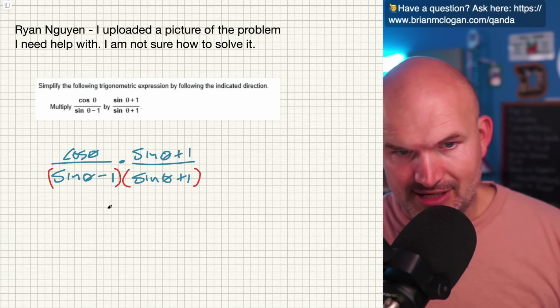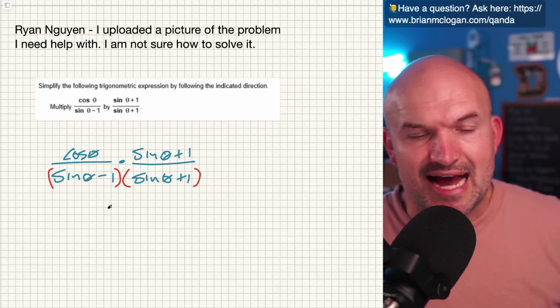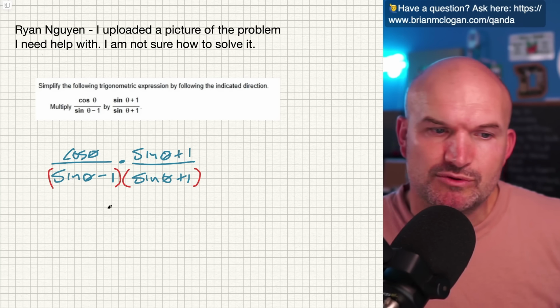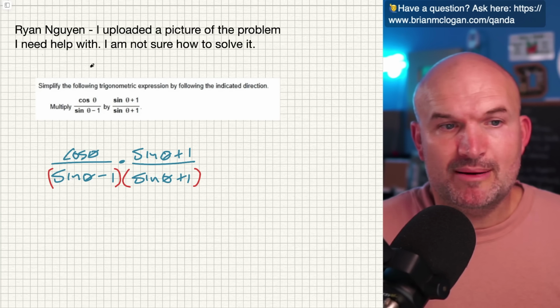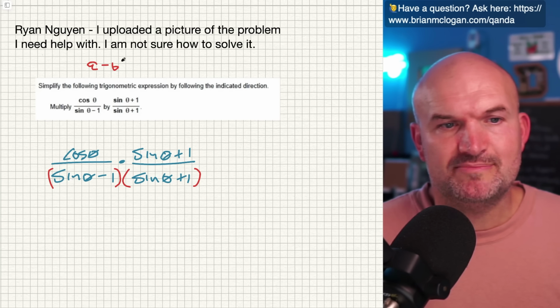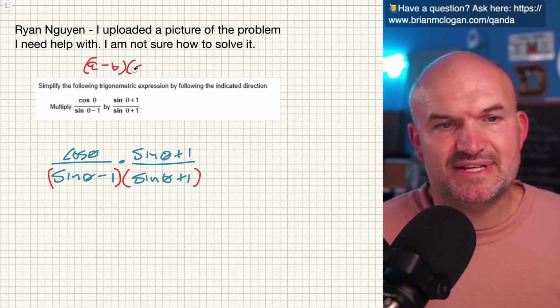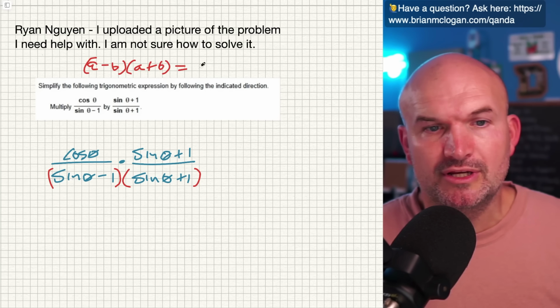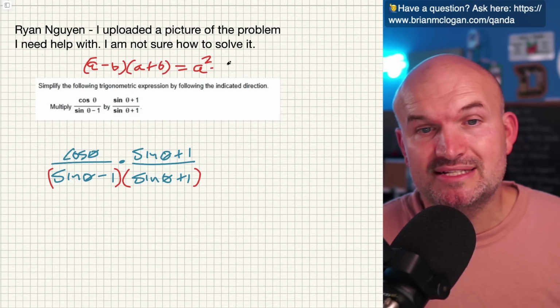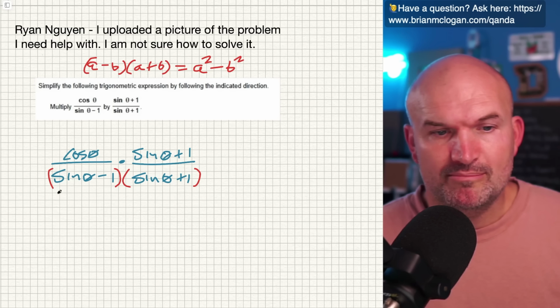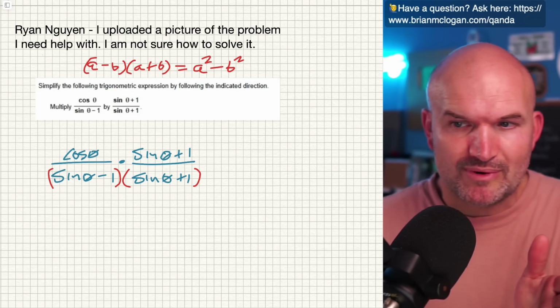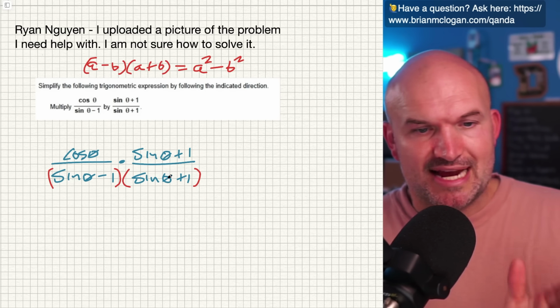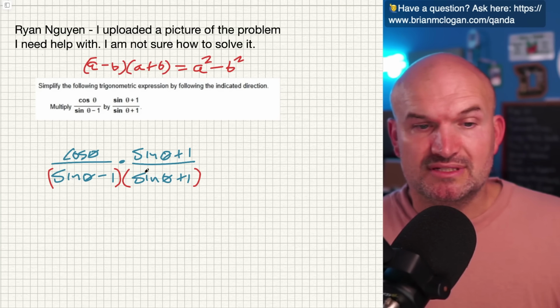What I recognize here is an expanded form of the difference of two squares. If I have a minus b times a plus b, when you multiply that out using FOIL or the distributive property, you get a squared minus b squared. So I can rewrite my denominator as sine squared minus 1, because that's what I have here.